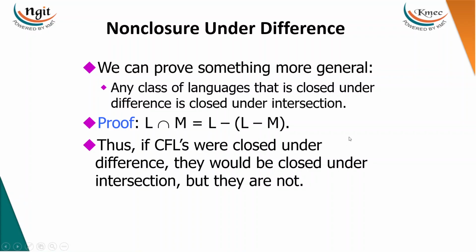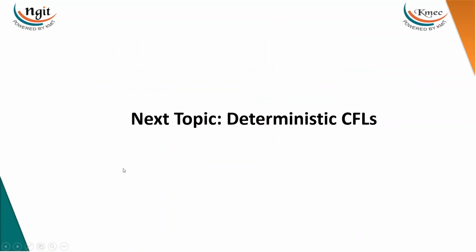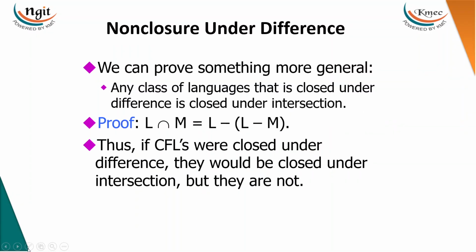How can we do this? Assume that we have two languages. If our alphabet is a, b, then sigma star would be all the strings possible with a, b.